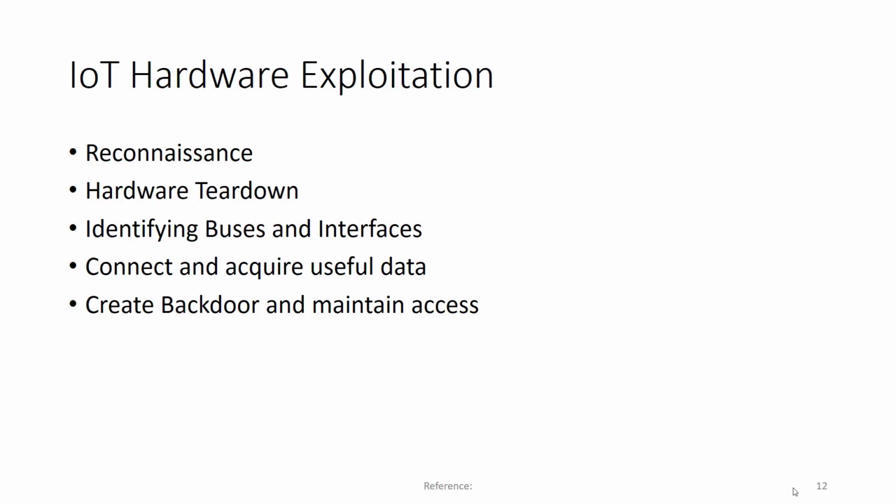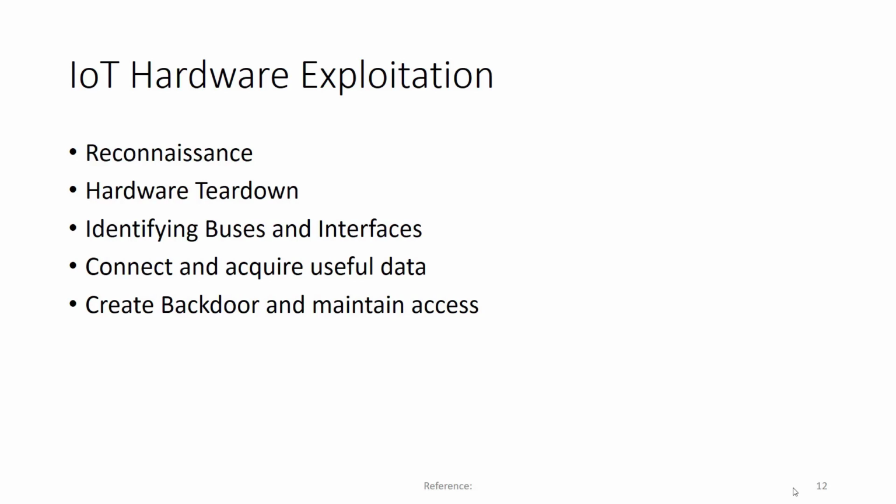Also, public information like the FCC ID, which is compliance for electronic devices meant to be sold in the US, should be on the device. By having the FCC ID of any device, we can find the public information available for that particular device.